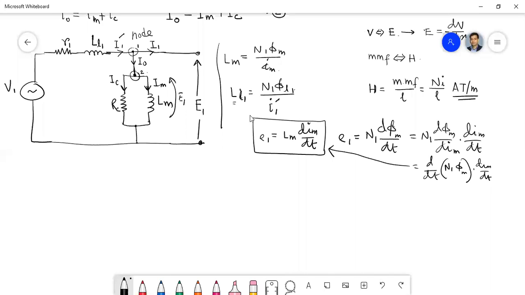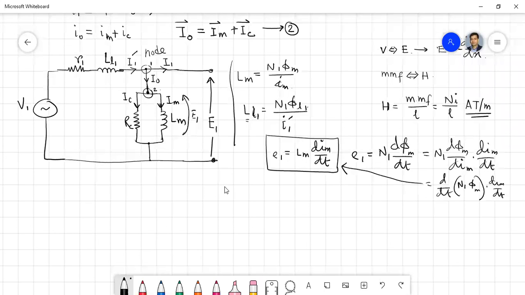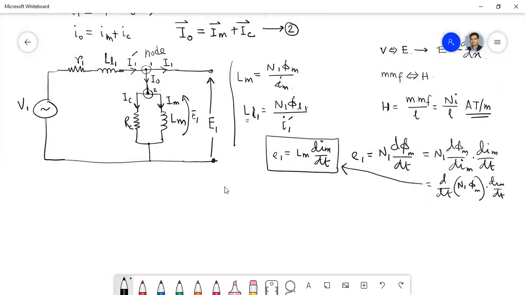So let me ask you some question. Here in this circuit, that you can see directly on the whiteboard, we have used some notations like capital I1, capital IC, capital IM, etc. And some other variables are also there at the right, where I have written small i1, small i1 prime, small iM.